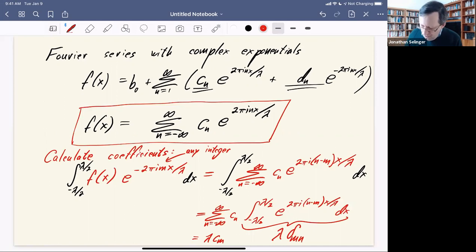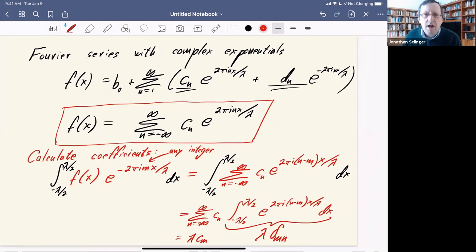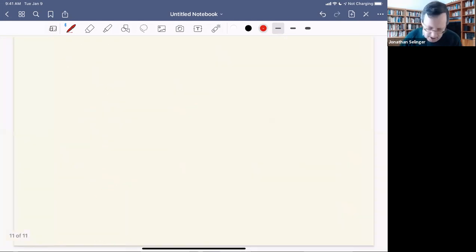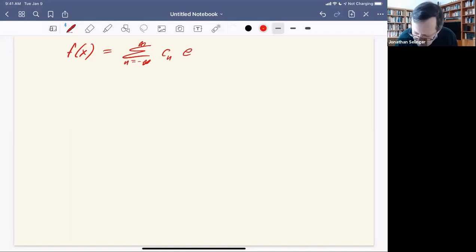So far, how to do the Fourier series looks like this. We have a Fourier series defined as f of x is the sum from n equals minus infinity to infinity, Cn e to the 2 pi i n x over lambda.